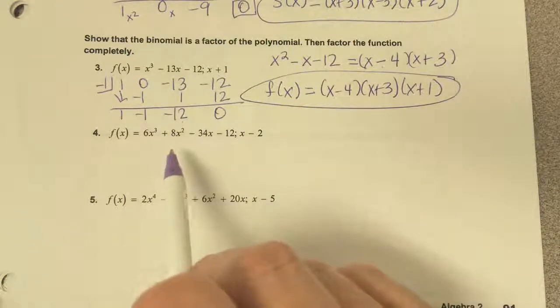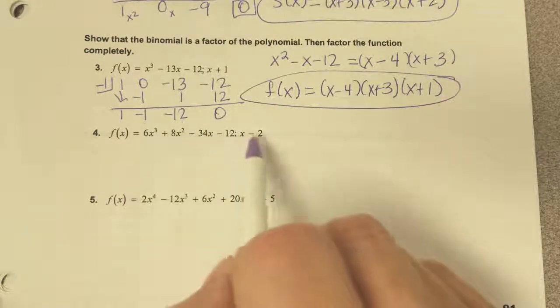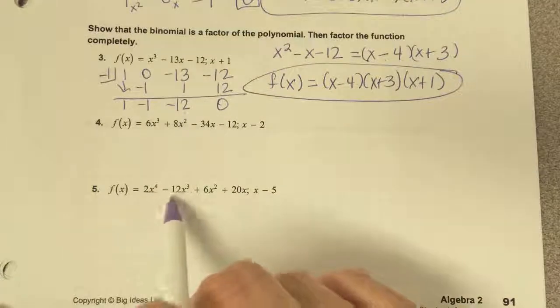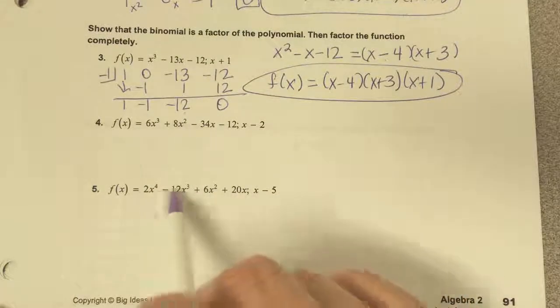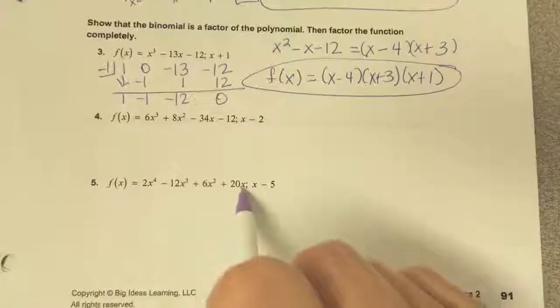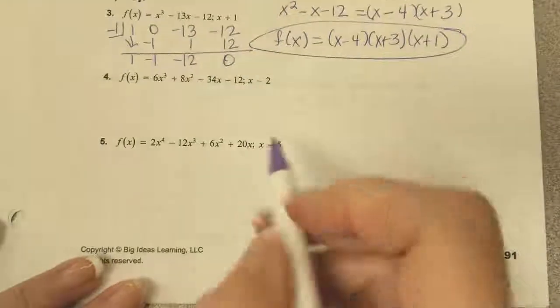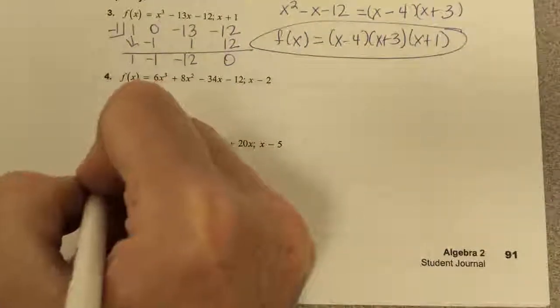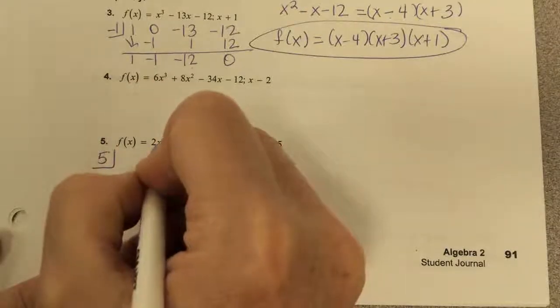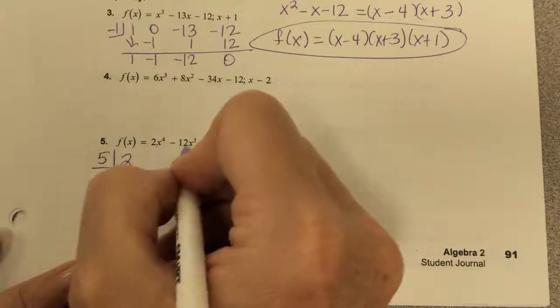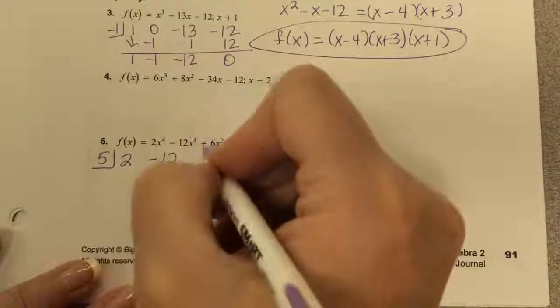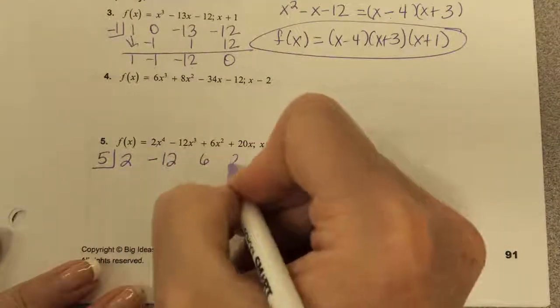Let me see which one I want to do. That one, we would have to know that. This one you could probably do by grouping, but let's go ahead and do this one anyway. What goes in the box? So now my coefficient here is 2, coefficient here is negative 12, this is 6, this is 20.